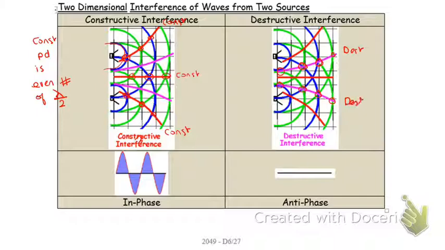That's destructive interference. Now, what's happening there is the path difference for destructive interference. The path difference is an odd number of lambda over 2.